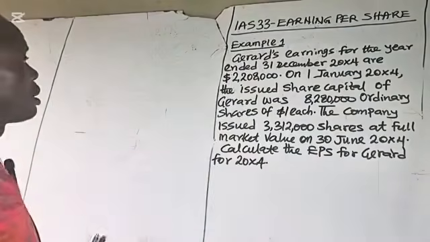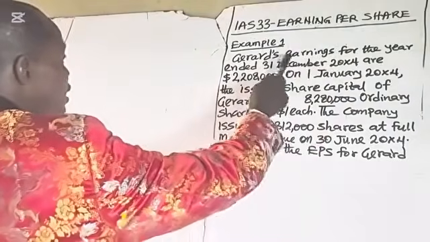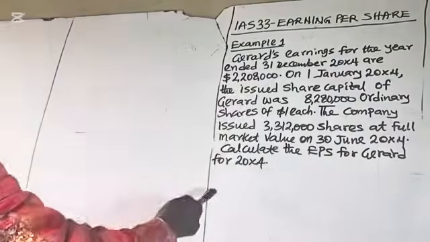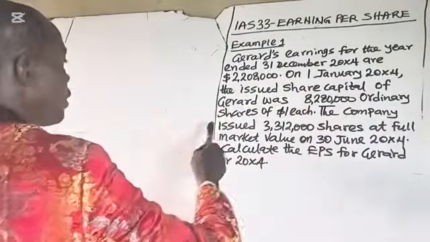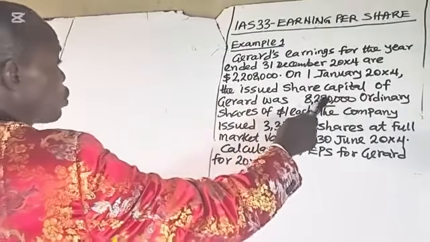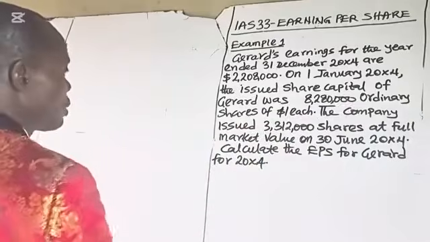Example 1. Gerard's earnings for the year ended 31st December 20x4 are $2,208,000. On 1st of January 20x4, the issued share capital of Gerard was 8,280,000 ordinary shares of $1 each.